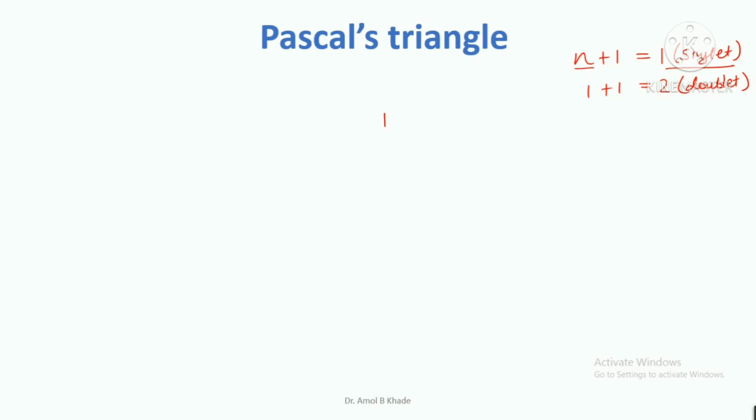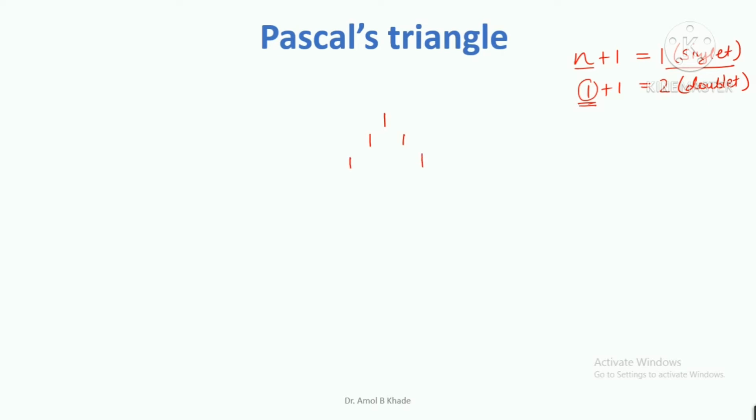Then if the value of n is 1, it will be 1 plus 1, a doublet. So we can draw like this. This will be 1:1. You will get two lines of equal intensity, indicated here as 1:1. Now in the triplet, how can we draw it?